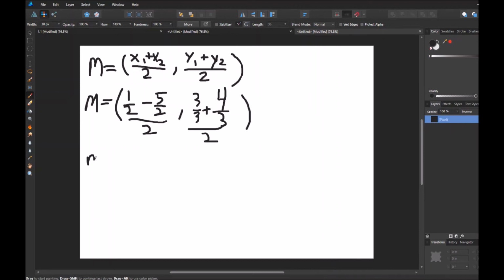So 1/2 minus 5/2 is negative 4/2. And that's going to be over 2. And then 3/3 plus 4/3 is going to be 7/3. And that's going to be over 2.